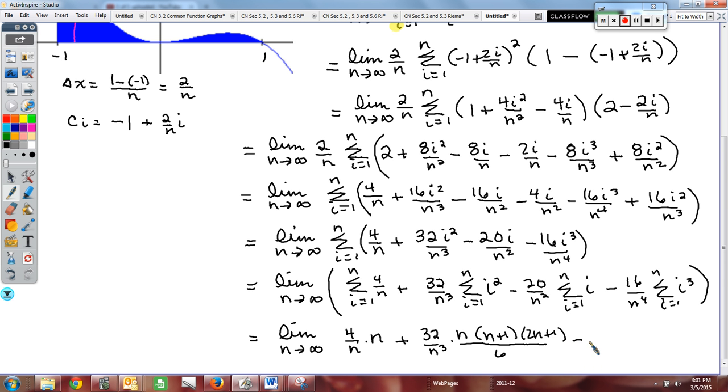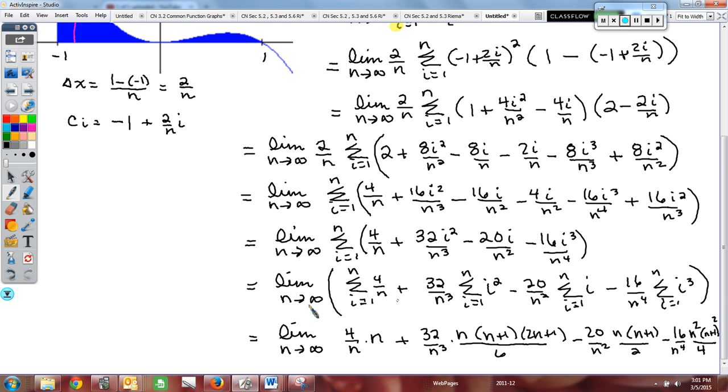Then we have our minus 20 over n squared, the sum of i, which is n plus 1 over 2, minus 16 over n to the fourth. Now I have the sum of i cubed, which is going to be n squared, n plus 1 squared all over 4.